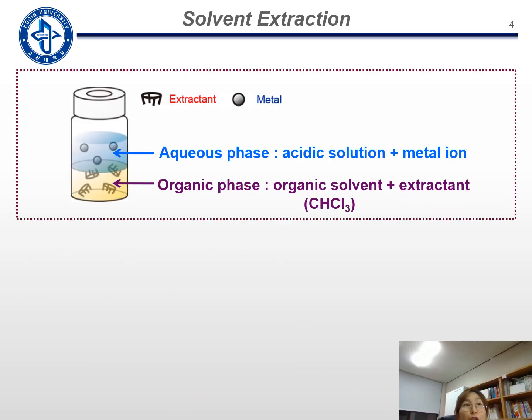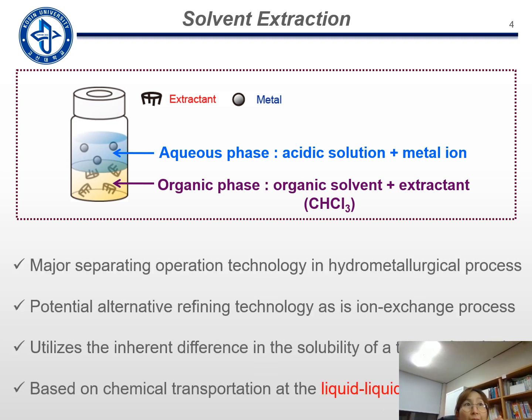From now, I'd like to talk about solvent extraction. Solvent extraction, also called liquid-liquid extraction, is one of the major separating operation technologies in hydrometallurgical processes for the separation and purification of precious metals. Solvent extraction is a potential alternative refining technology to ion exchange processes.